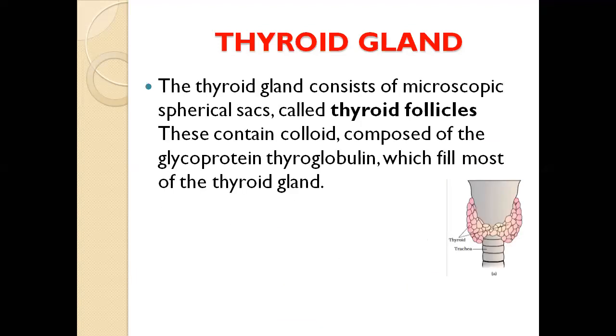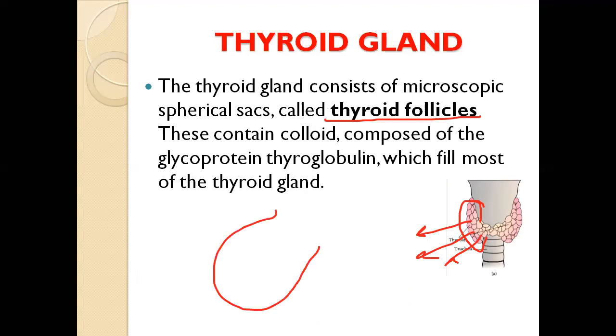The thyroid gland consists of microscopic spherical sacs called thyroid follicles. That means if you take this, you can see small lobes present there. Each thyroid gland has many lobes, the thyroid follicles. These follicles or lobes contain colloid.